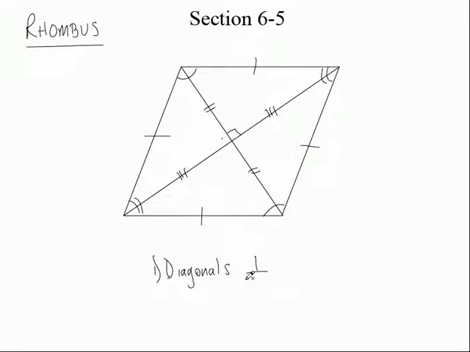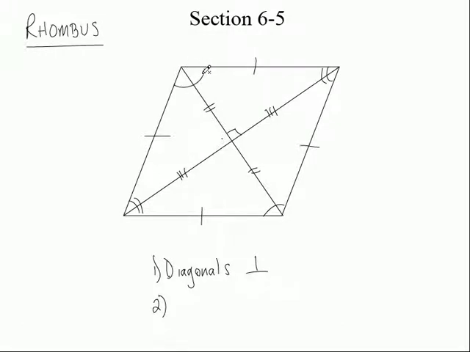Now, I said there were 2 things that are special about the diagonals of a rhombus. The first thing is that they're perpendicular. The second thing is, look at this big angle right here, and look at how the diagonal hits that angle. They're the same angles, which means, what does that diagonal do to this big angle?